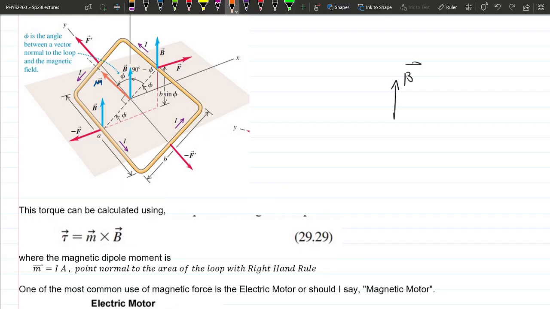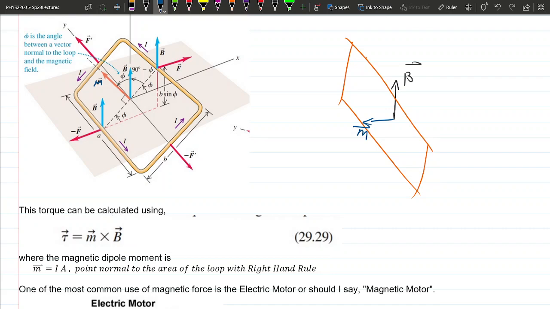This orange thing, it's kind of like going like this, kind of like on this edge instead. It makes it easier to see, that's all. And then now this M vector, which is the normal vector to the area of this thing, is now pointing to the left.